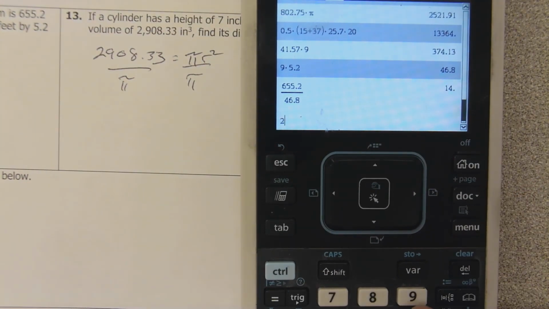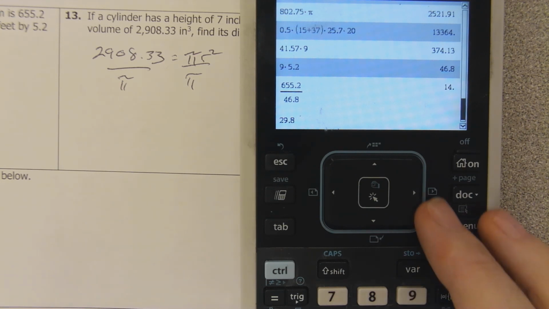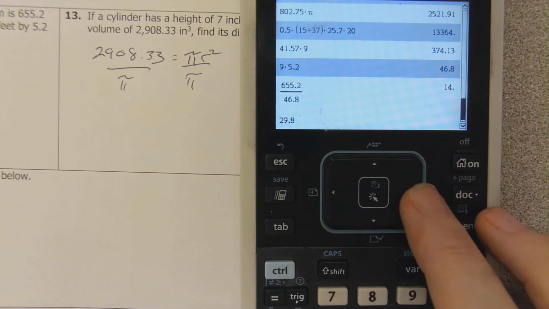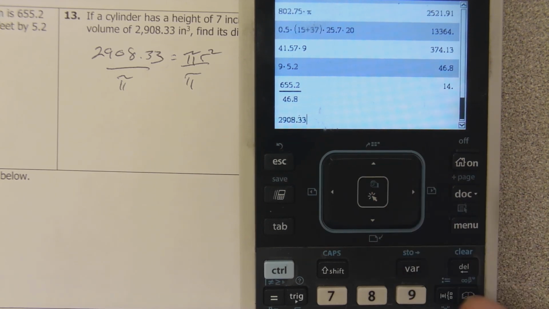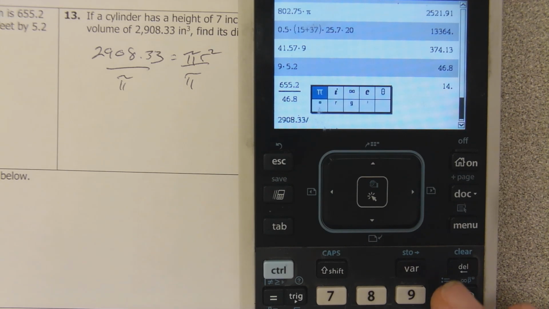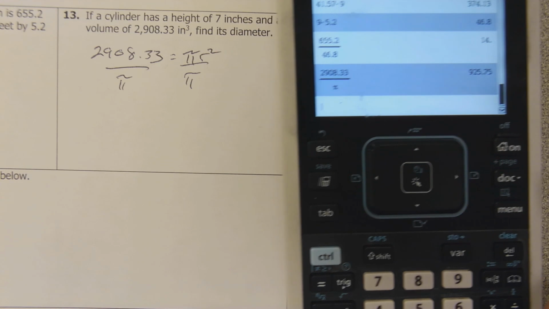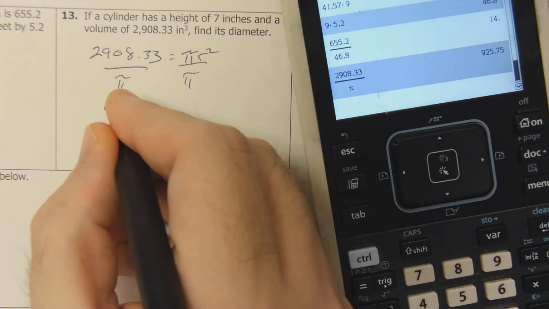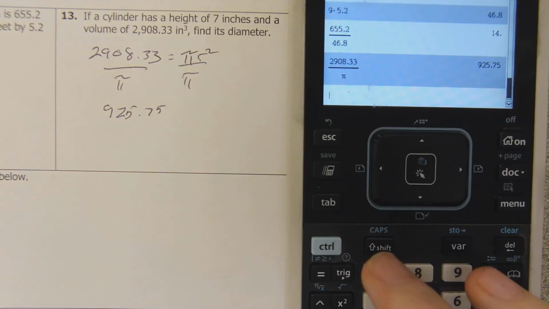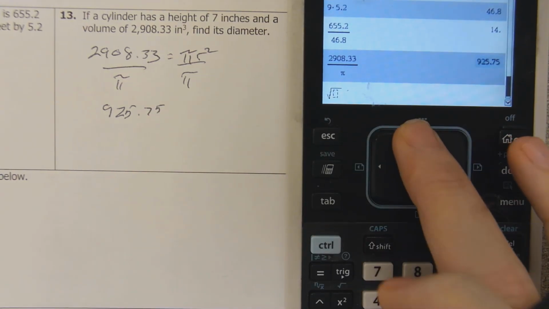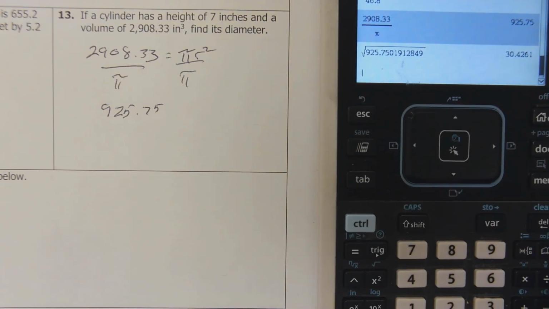So 2908.33 divide by pi, and we get 925.75, and then we take the square root of that.